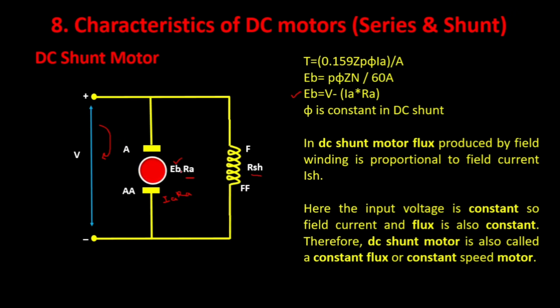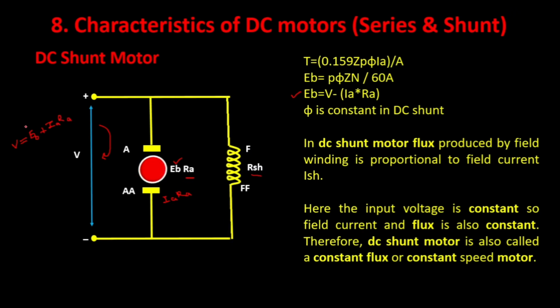V is equal to Eb plus Ia Ra. So the summation of voltage rises will be equal to the summation of voltage drops. So Eb plus Ia Ra. This would be the formula that you get from the circuit diagram, correct? But if I rearrange this formula, what will happen on rearranging it?